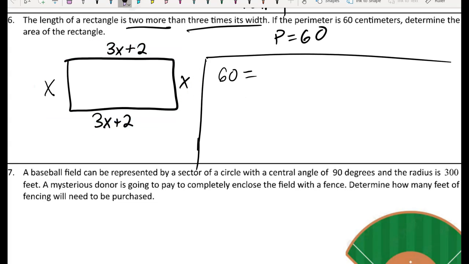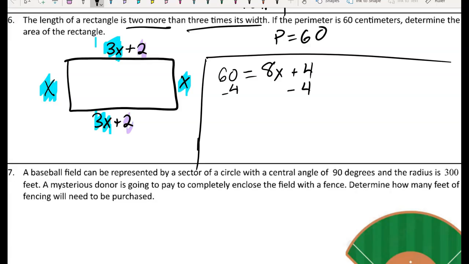So if I add up 3x plus 2, here's a shortcut I could do. 3x plus 1x is 4x, plus another 3x is 7x, plus 1 more x is going to be 8x. And then if I add my constants, 2 plus 2, that's just 4. To me, that's a little bit easier of an equation to look at there.